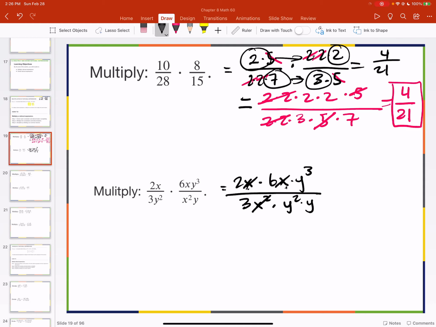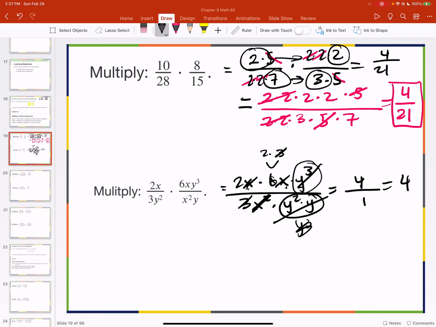That cancels out this x squared. This 6 is actually 2 times 3, so that's going to cancel out. And you're left with y cubed here and a y cubed here, so they cancel out. So then finally you're just left with 4 on the top, and 1 on the denominator, which is just 4.